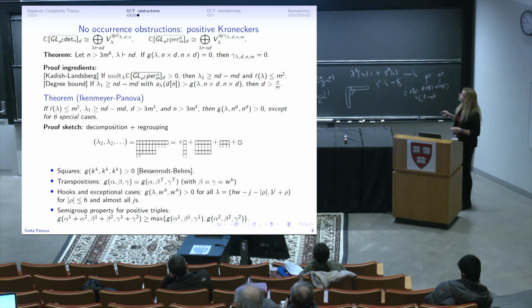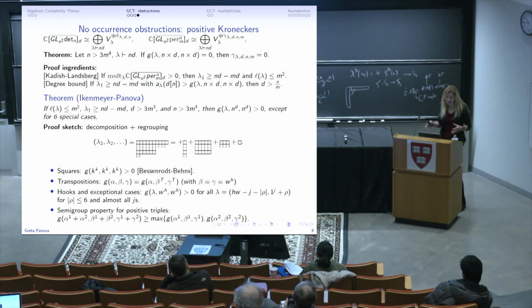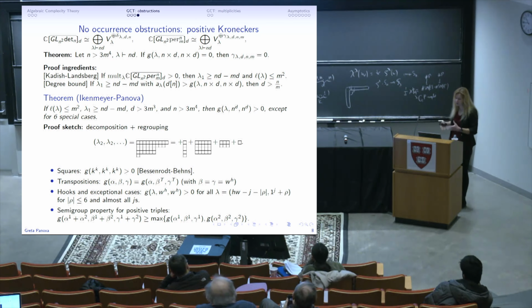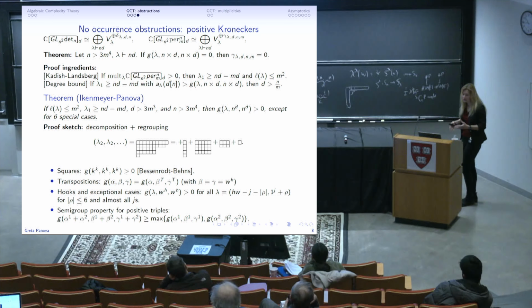So basically, if we figure out using this stuff that these building blocks for our partition are positive, then we can use this to compose our final partition and somehow deal with the rectangles, so cut up the rectangles into various squares and smaller rectangles, and apply this inequality to actually get a positive Kronecker coefficient out of these building blocks.